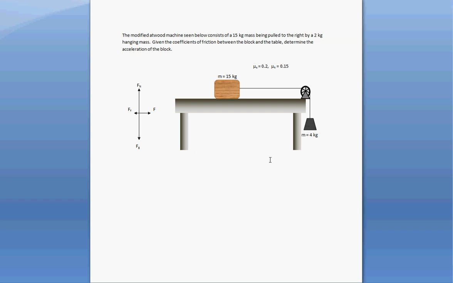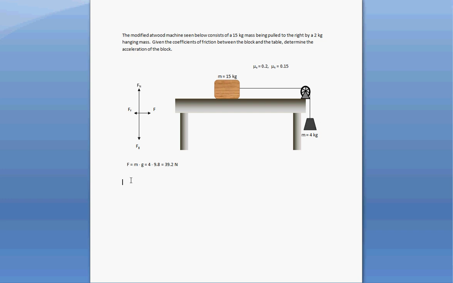So this force here is equal to the mass of this block times gravity. So that's 4 kilograms times 9.8, and that's equal to 39.2 newtons. So that's the force being applied by the hanging mass on the block.